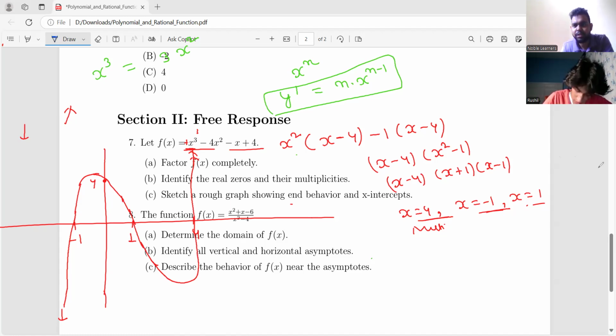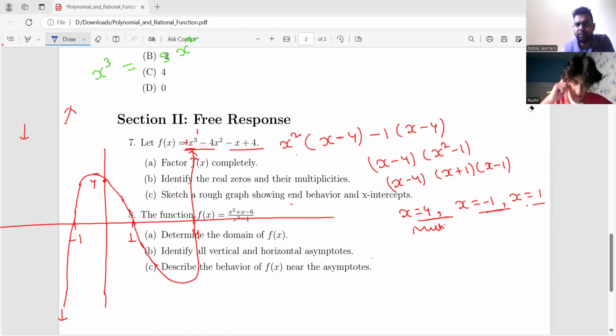So basically, what you have to do over here, in order to find the minimum and maximum, is find the first derivative, right? So if you do this, you will get 3x squared, then minus 8x, then minus 1, and the derivative of a constant number is 0 all the time.